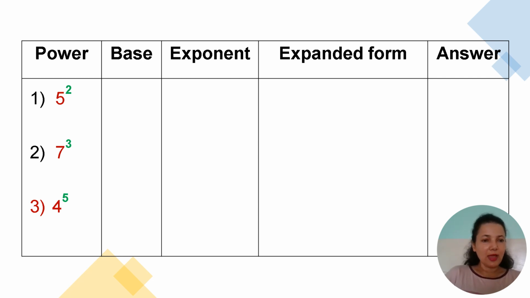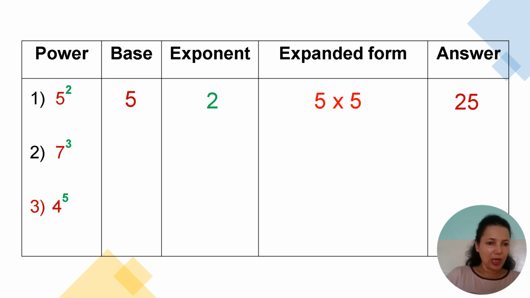Now, if we look at 5 squared, 5 is the base number. The exponent is 2. What that basically means is it is 5 times 5, and if we multiply that, we get the answer of 25. Now, if we look at 7 to the power 3, we say the base number is 7 and the exponent, or the power it is raised to, is 3.